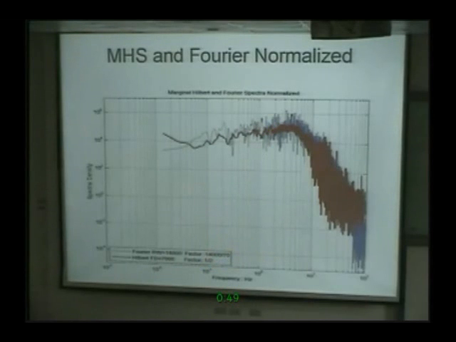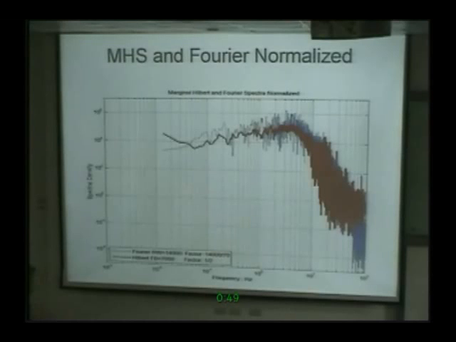So that is the key of the normalization. Every time you plot the spectrum, say I have 1,000 data points, I use 500 frequency bins. If I use 500 frequency bins, then I multiply by 2 and the sampling rate, and you would have a perfect agreement with Fourier.